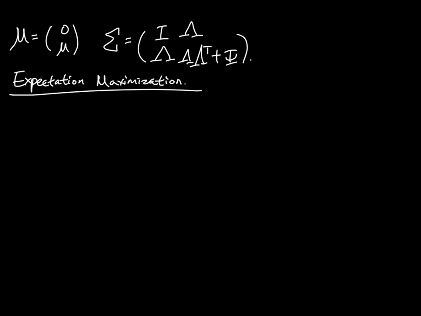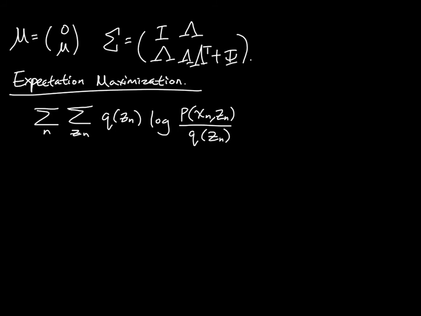It was like this: we sum over all n, we sum over all zn, and then we have this mystery distribution q of zn times log of p of xn, zn over q of zn. And we found out that q of zn is actually equal to p of zn given xn. That's what we talked about last time. Go review that video if you don't remember this. So what is p of zn given xn?